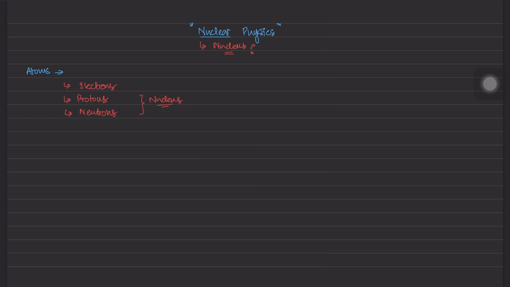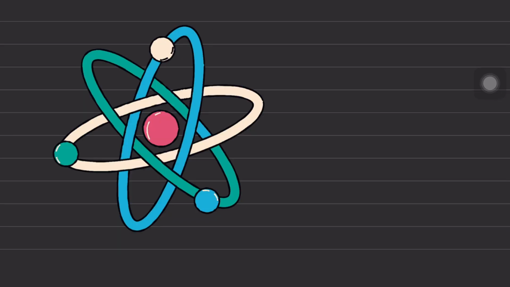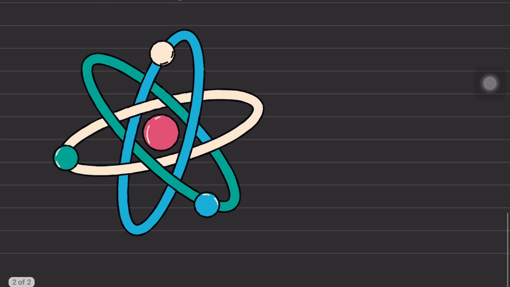Let me show you a quick model of what an atom would look like. Here we've got a tiny model of the atom. These guys that you see, this one, this one, this one, are all revolving around this pink thing you see here.